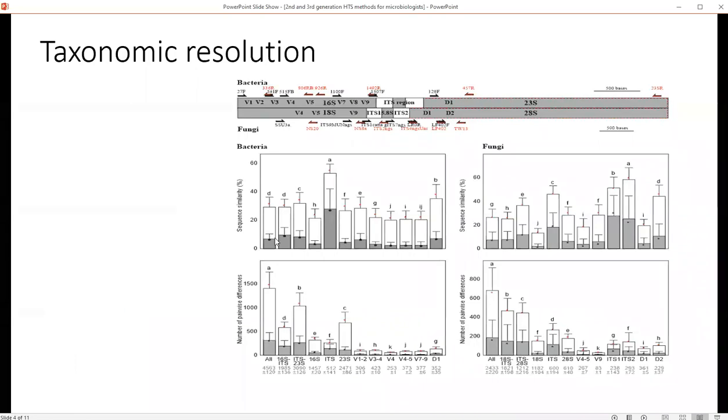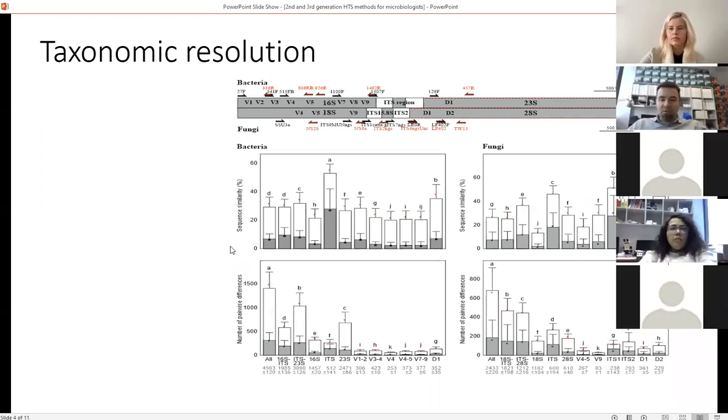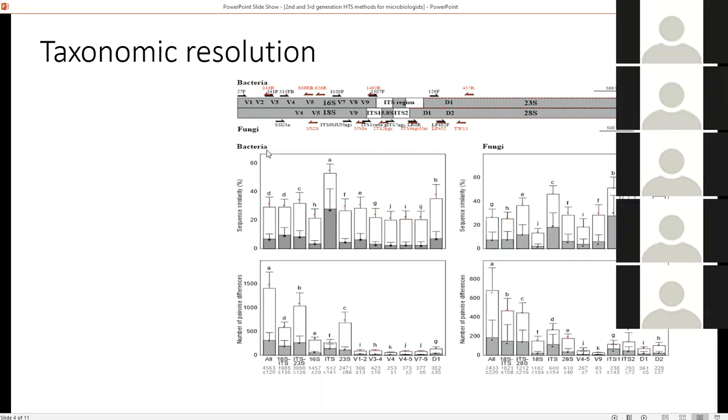When it comes to taxonomic resolution, together with Sten Anslan, we recently prepared a graph illustrating the differences in sequence similarity and number of absolute differences in short and long barcodes. In the graphs, on the left there is information about bacteria. On the right there is information about fungi.